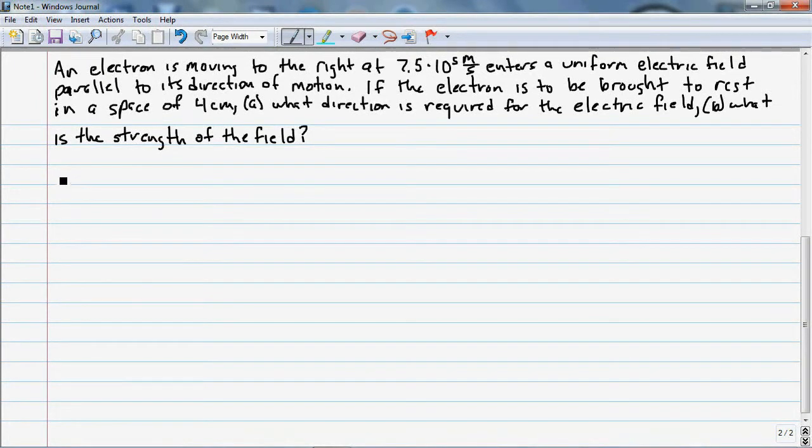So for part A, we can say that electrons will travel opposite the direction of the electric field.